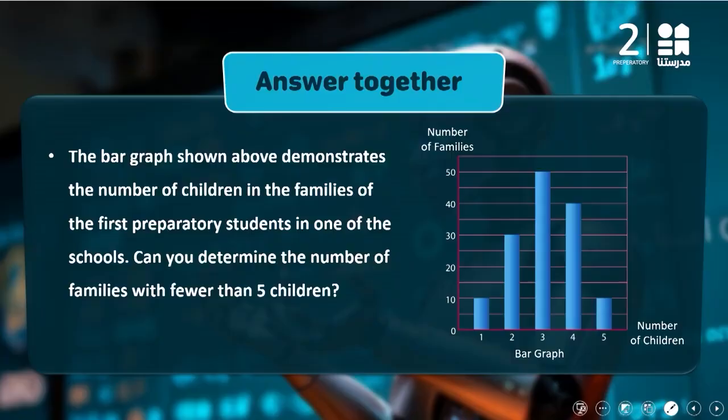The number of families that have 1 child is 10, plus the number of families that have 2 children, 30, plus the number of families that have 3 children, 50, plus the number of families that have 4 children, 40.